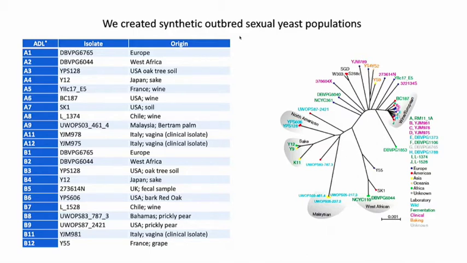The reason they're designated with an A or a B is these A populations were all brought in as a mat alpha, and these B populations were all brought in as a mat A. You can see B1 through B4 are the same as A1 through A4, except we've switched the mating type locus. So in yeast, there's a single locus that determines if you're an A or an alpha, or a boy or a girl, if you want to think about it that way.